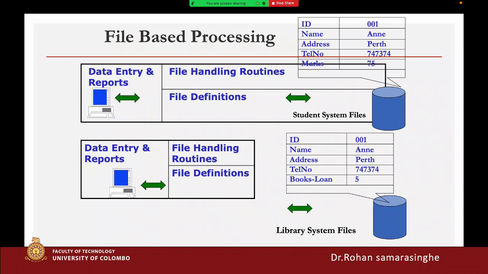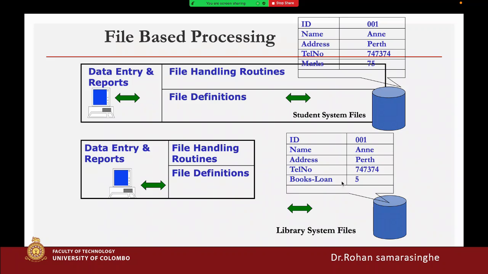What would happen if this person's address or telephone number changes? In file-based processing, the same information can be seen in these two places, the student system file and the library system file. If the student changes the telephone number or the address, what would happen?